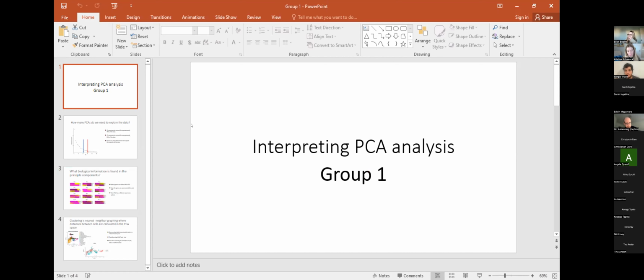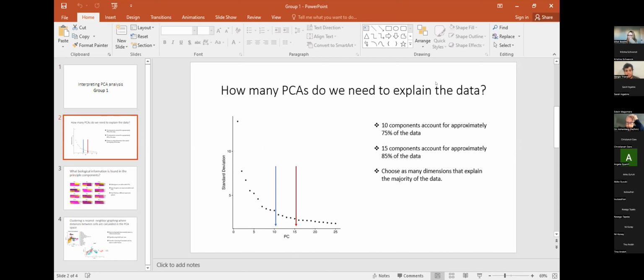Okay. So, for group one, we were looking at the PCA analysis, interpreting the PCA analysis and some of the biological information that we deduce from the various principal components. So for what we did with the codes that we ran, this is the elbow plot of the various PC components and its standard deviation.